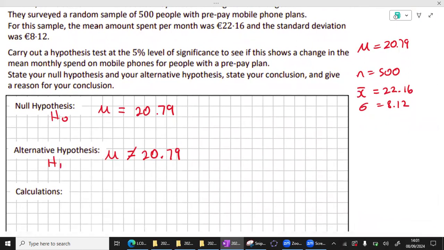So my null hypothesis is this, my alternative hypothesis is that. All I need to do now is think about where my actual mean lies in terms of my test statistic. So I'm going to pick out my formula called the test statistic. You can see it on the cheat sheet, but make sure you practice it as well on your formula tables. It should be on page 35.